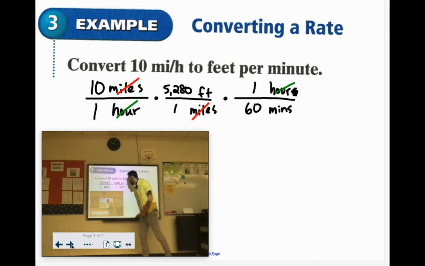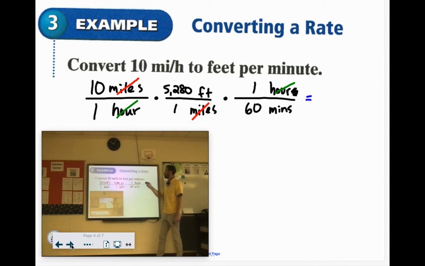We just need to do the actual math for it now. So up top, 10 times 5,280 would be 52,800 feet per 1 times 1 times 60, which is 60 minutes.